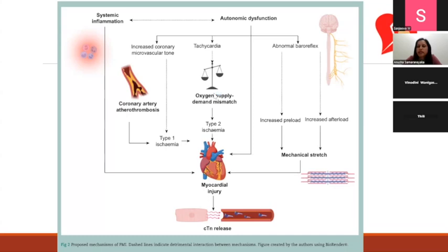So, supply-demand mismatch. For example, if there is hypotension during anesthesia, intraoperative, or during the perioperative period, pre-op, intra-op, or post-op, there could be reduction in the coronary blood flow. And if there is tachycardia, there is always increased demand. So supply-demand imbalance comes.